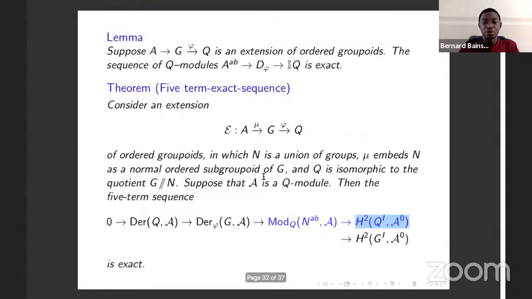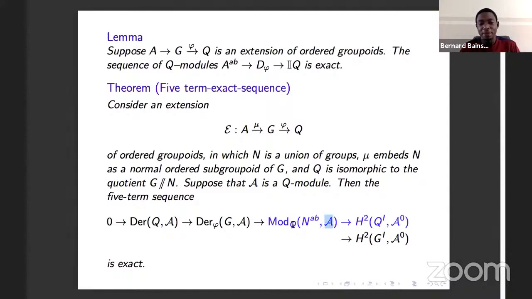So this is what we want to do: identify this object here with a set of equivalent classes of extensions of ordered groupoids. So how do we identify this with extensions? I mean, you have maps from N into A. N is supposed to be the ordered groupoid that will sit at the bottom of our extension, and then A is just a Q module.